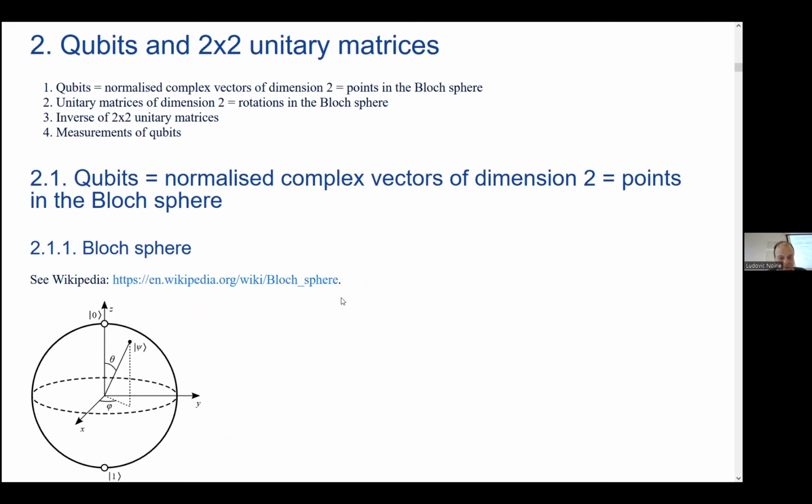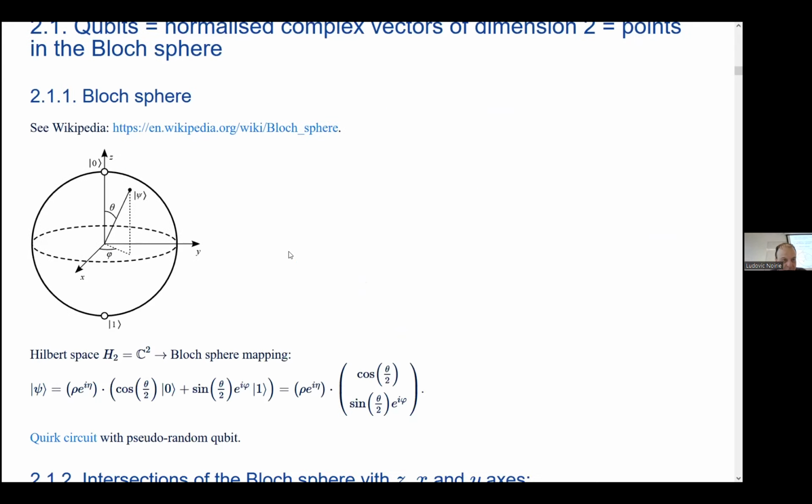Now we can go see how this tool works, starting with qubits. So the qubits can be represented on the Bloch sphere, and there is this mapping between the quantum vector in the Hilbert space and the point on the Bloch sphere with this formula. So you see there is an amplitude and a phase factor.